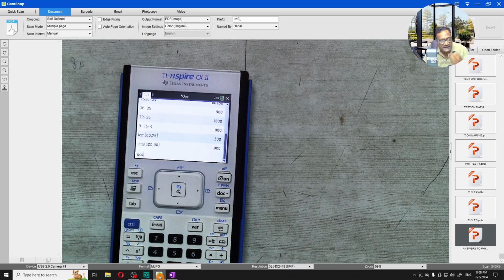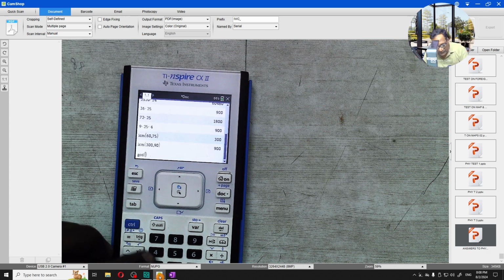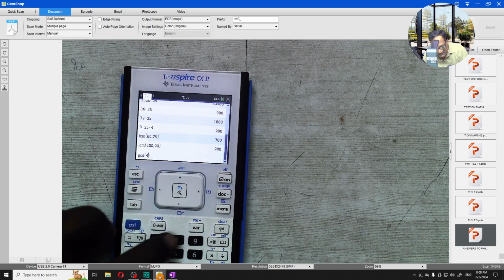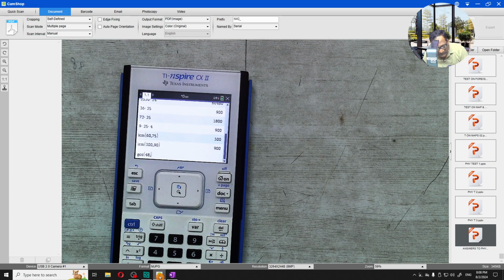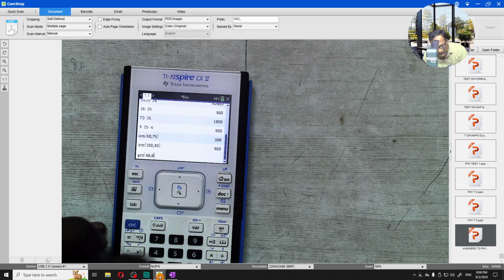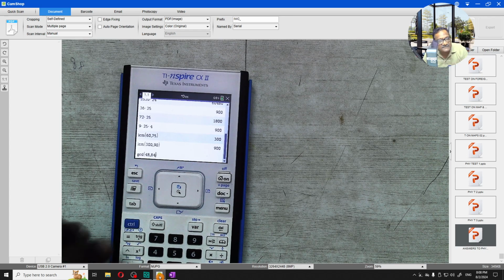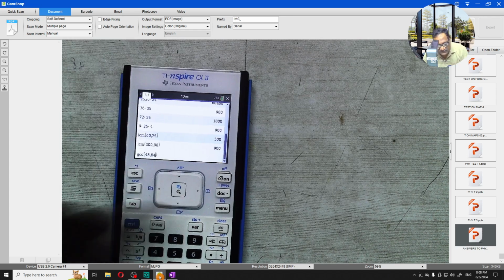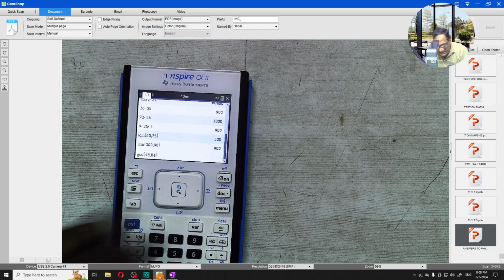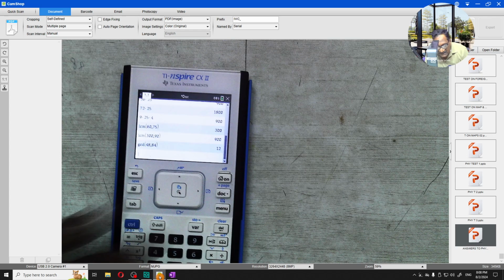So you got the GCD parenthesis. I'll take any two numbers first. So let me take 48 and 84. 48 comma 84. First I'll find the GCD of these two numbers, 48 and 84. So I'll press enter and I'm getting 12 as the answer.